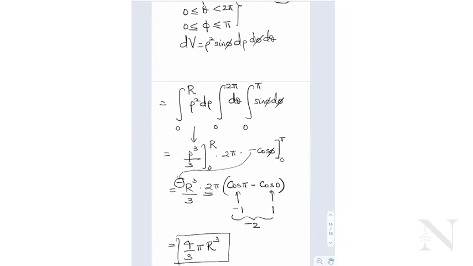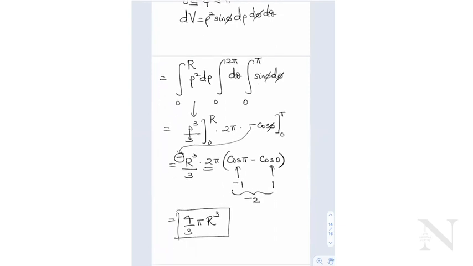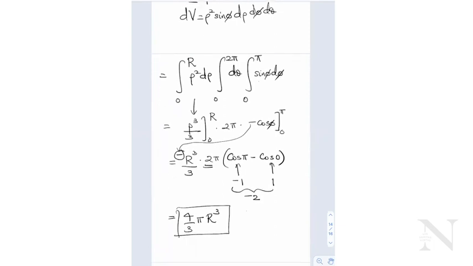So there are actually some red flags if you get wrong limits. If you use 0 less than or equal to phi less than or equal to 2 pi, the volume would be equal to 0. That's not true, right? The volume of a sphere is a positive number. It has to hold something inside it, so it needs to have volume, and that depends on the radius. That's given by this.